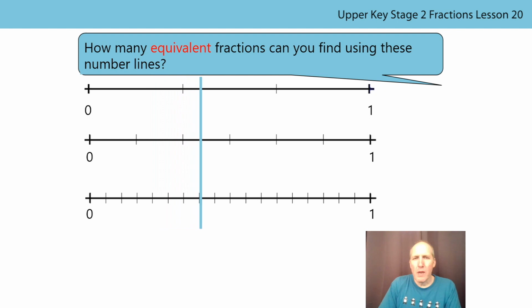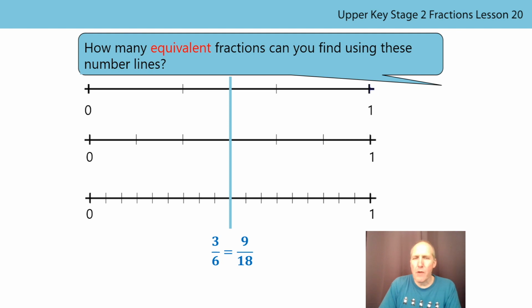From 1/6 we can go past 2/6 because we saw that that was 1/3 earlier on, and now we're at 3/6. Now 3/6 doesn't have an equivalent fraction in thirds, but it does have an equivalent fraction on our bottom line of 18ths. What was that one? 9/18. That's right. 3/6 and 9/18 are equivalent fractions.